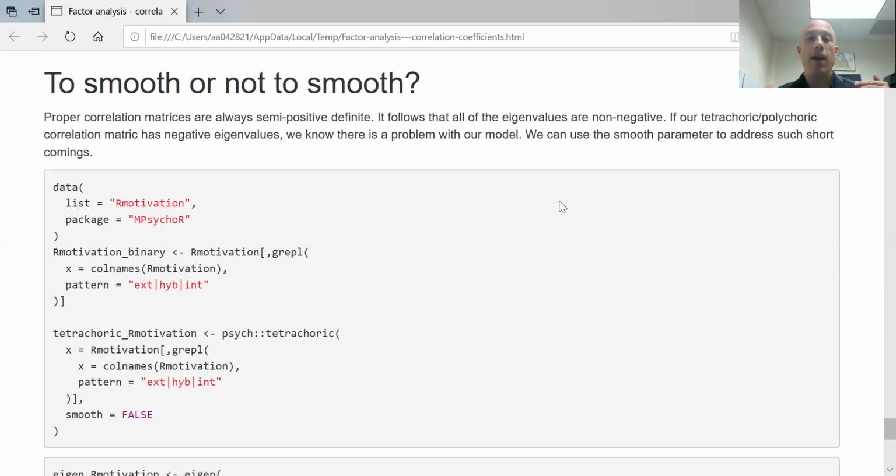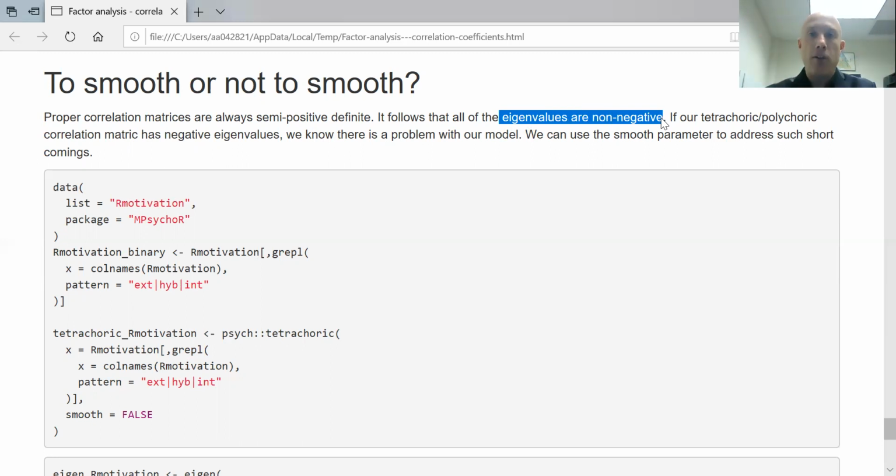Okay, so if I have a good correlation matrix, then all of the eigenvalues are going to be 0 or positive. More than likely, they're going to all be positive, but 0 is a possibility. So if I see any negative values in my eigenvalues, what's going to happen?